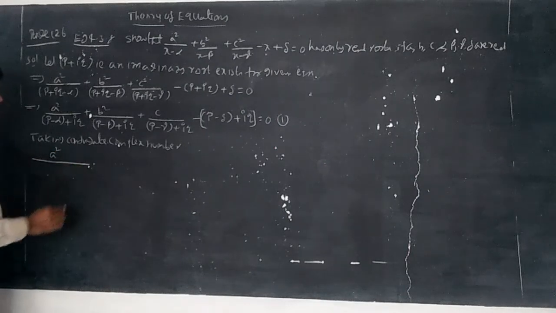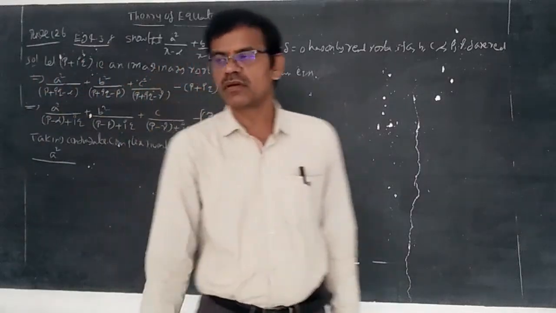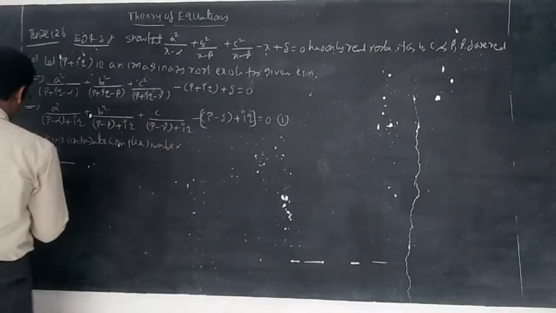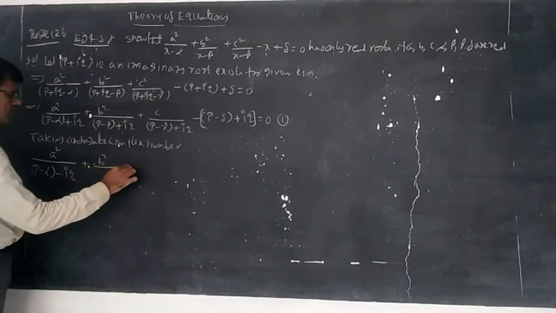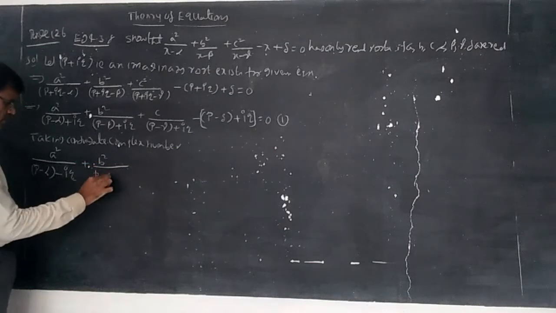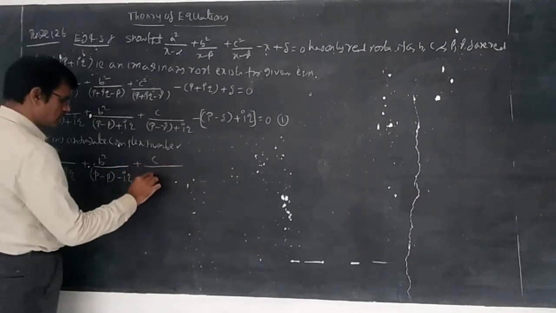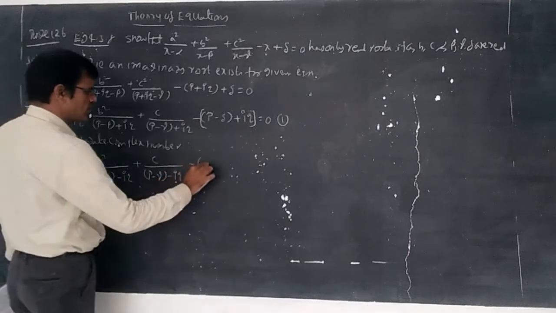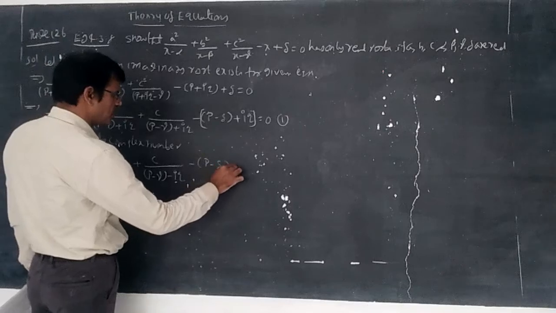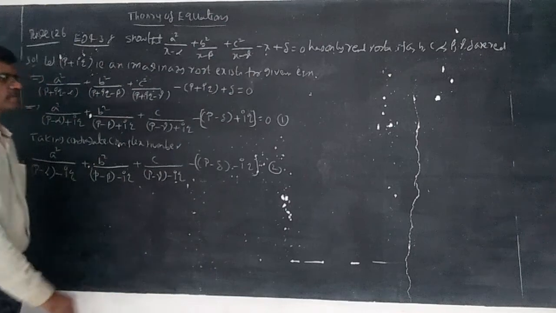The conjugate of a plus ib is a minus ib. So we can write a square by p minus alpha minus iq, plus, in the similar way, b square by p minus beta minus iq, plus c square by p minus gamma minus iq. In the similar way, p minus delta minus iq within the brackets. This is the second equation.